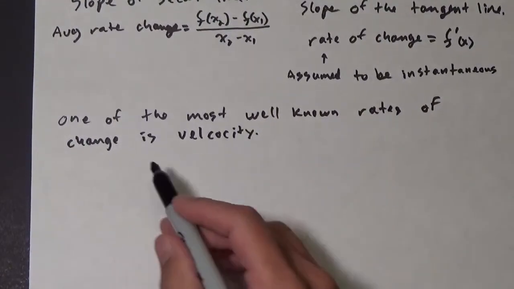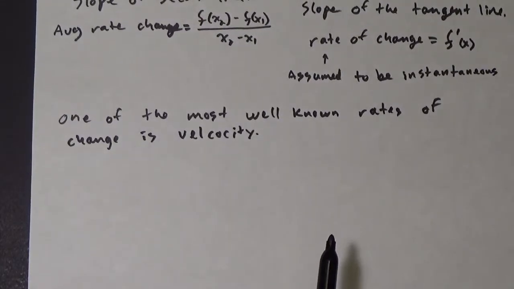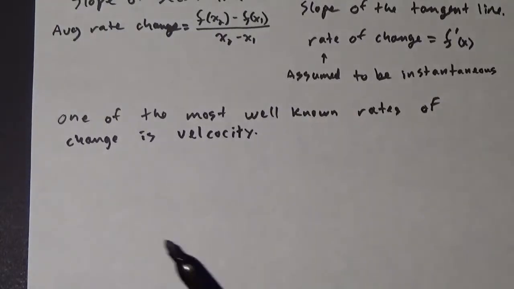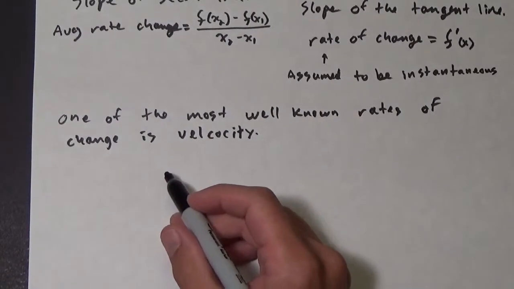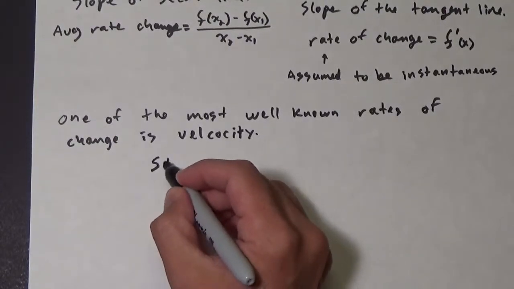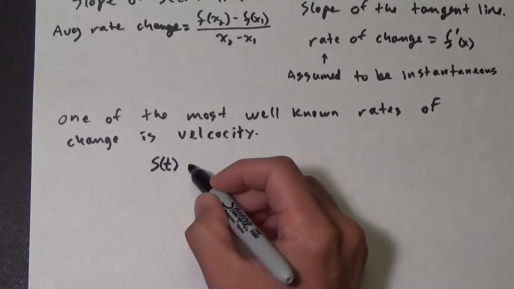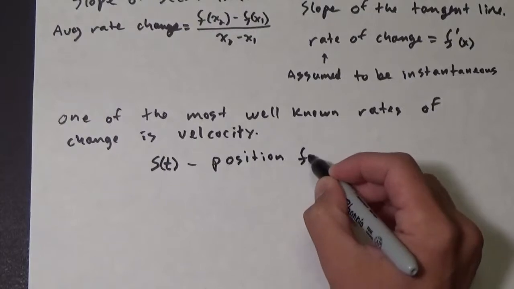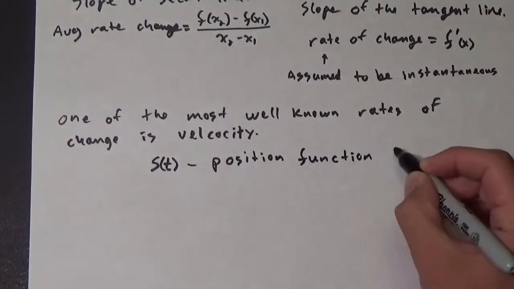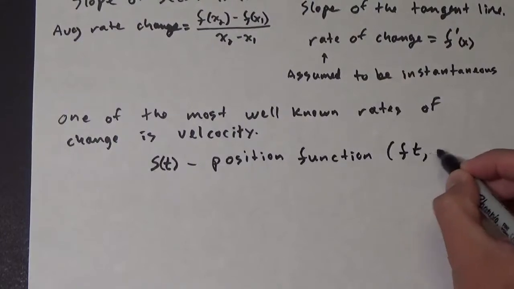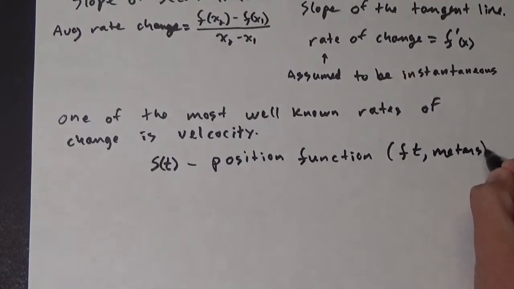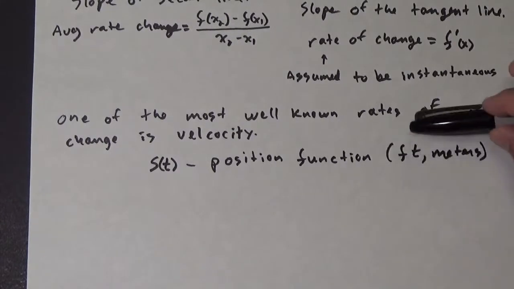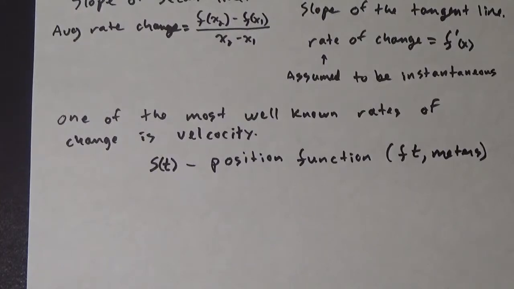All right. So, I don't know if you've taken physics or not. If you haven't, that's not a big deal. We go over everything in this class. If you have, you might have a little bit more insight into this. But we use s of t. This is what we use for our position function. And a position function is usually in feet or meters or something like that. I guess you could use inches and centimeters, but some length, some distance.